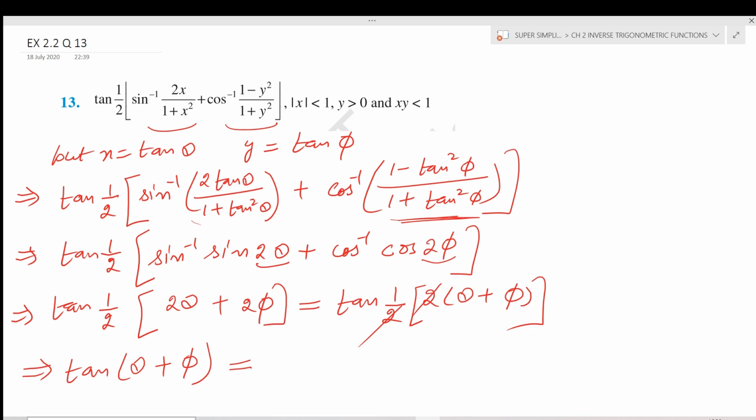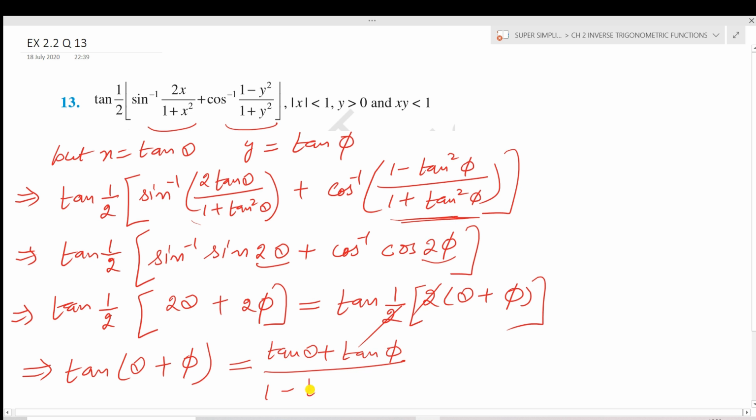Tan of theta plus phi can be expanded using the trigonometrical formulas of class 11, which is equal to tan theta plus tan phi upon 1 minus tan theta tan phi. Now students, you look here and pay attention.